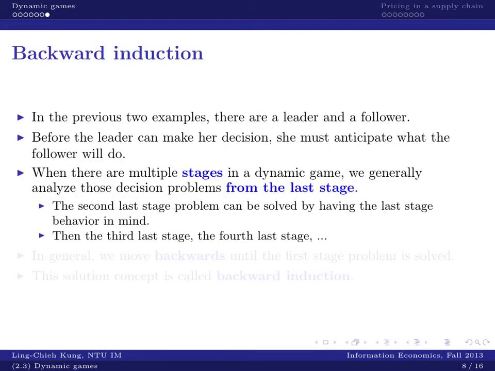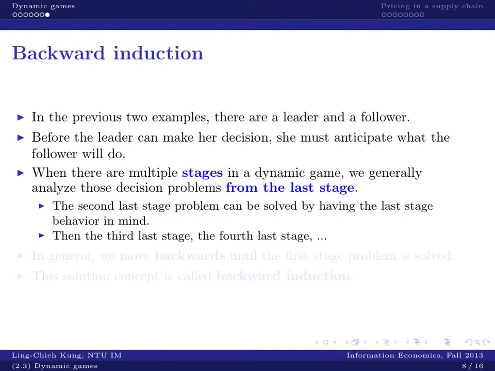So in general, when there are multiple stages in a dynamic game, for example, it may be the case that player 1 moves first, then player 2 moves, and then player 3 moves at the end. In that case, we will analyze those decision problems from the last stage and go backwards to the first stage. We will first solve the last stage problem. Given that last stage behavior in mind, we can solve the second last stage problem.